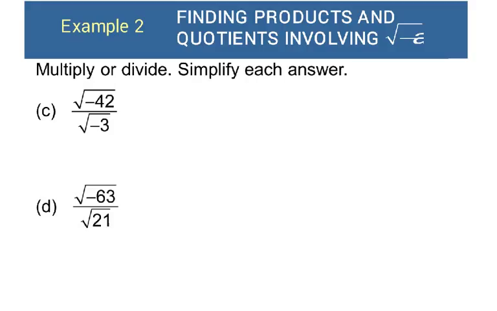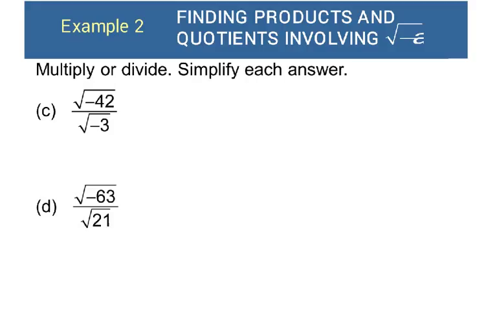Have a couple more here. So this one we are dividing imaginary numbers or complex numbers. The first thing you need to know about division is that we are going to take the radical or the imaginary number out of the denominator.